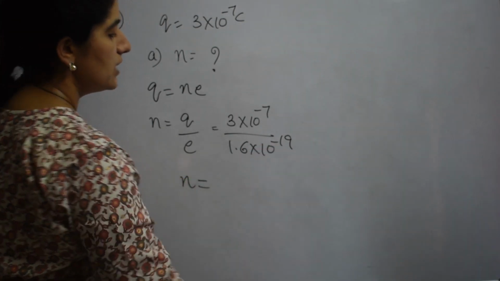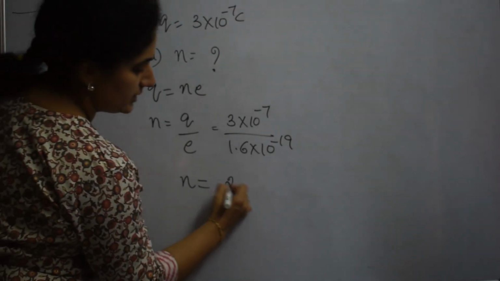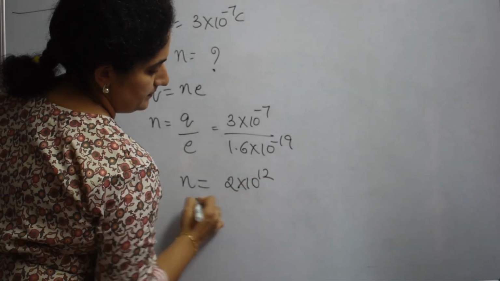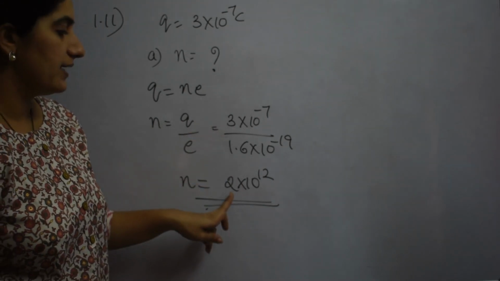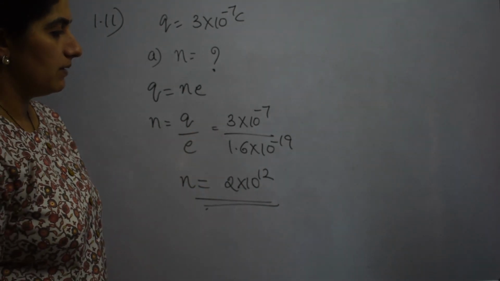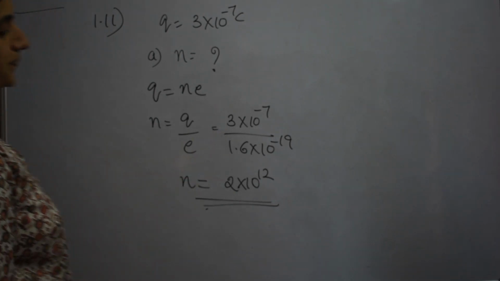From this you will get the total number of electrons. This comes around 2 into 10 to the power 12. You just calculate 3 by 1.6, you get 2 into 10 to the power 12.